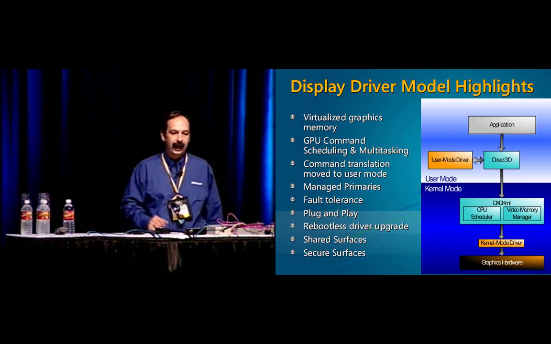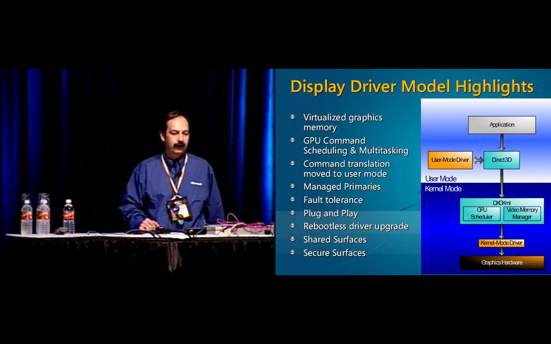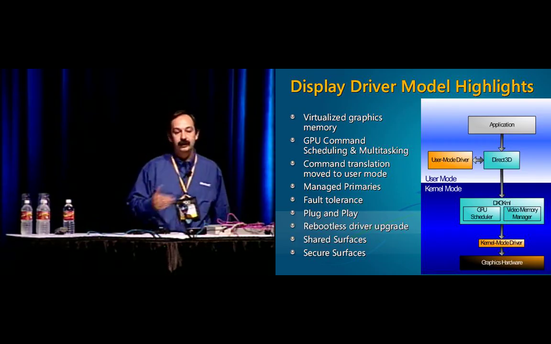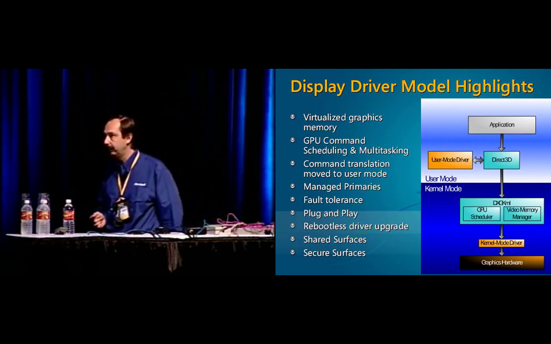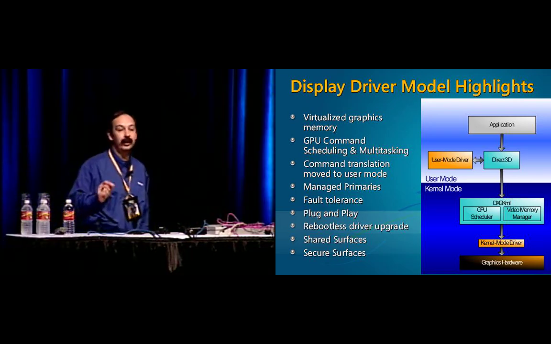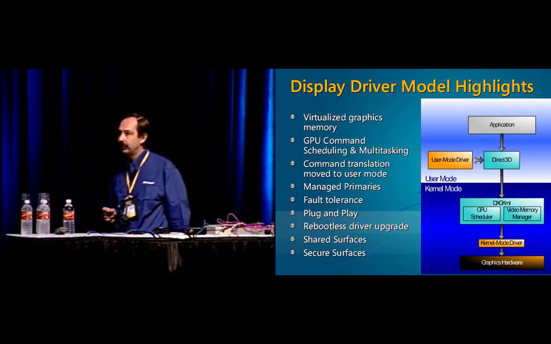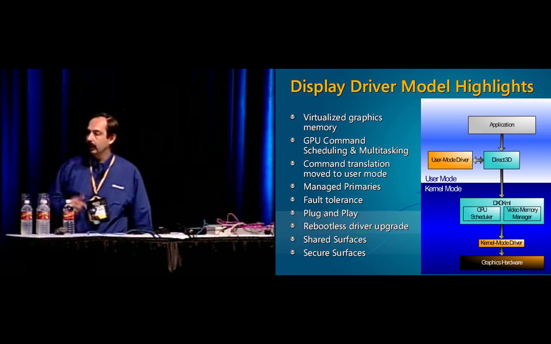Your graphics card may have half a gigabyte of memory on it, but in fact the limit now is your page file size, because those resources are virtualized the same way as they are on your CPU. So you don't have to worry about whether you actually have enough memory on your card to fit this last texture. Another thing that has changed is the scheduling of the GPU.